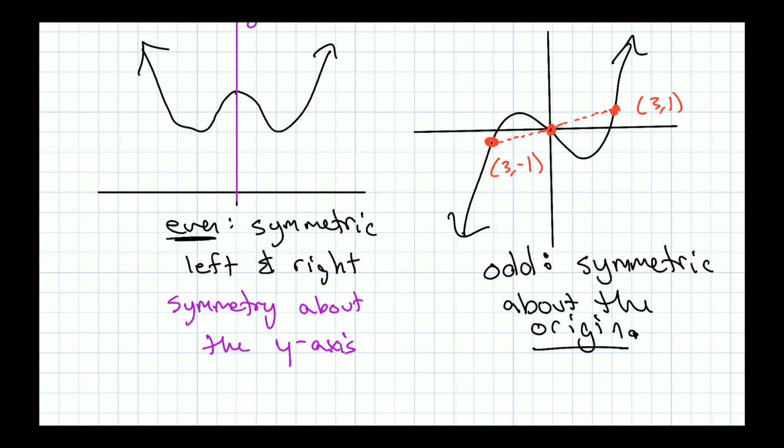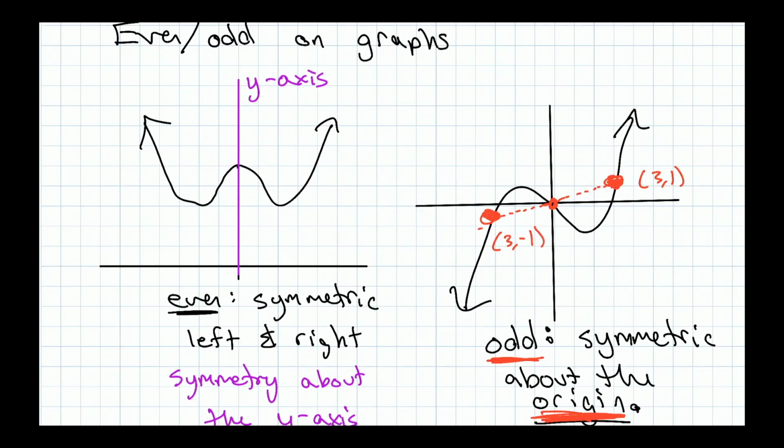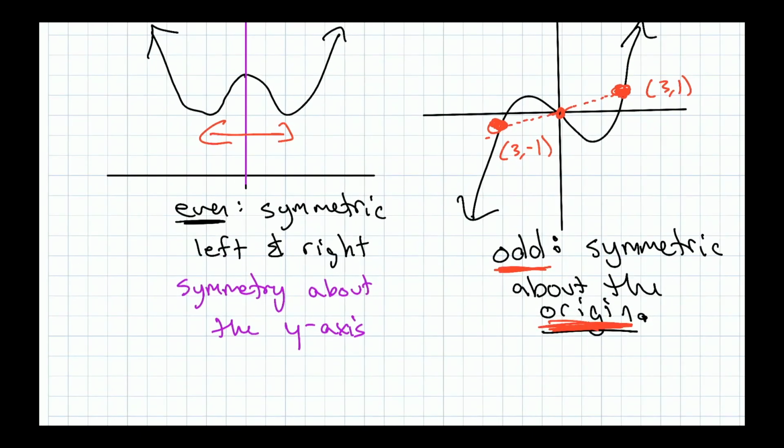For every point like this, there is a corresponding point on the other side of the graph, and you get there by going through the origin. That's why they say symmetric about the origin. Okay? And that's an odd function. So you should be able to look at a graph and say, oh, that's even because it's a mirror image left and right, or it's odd because it's a mirror image through the origin.